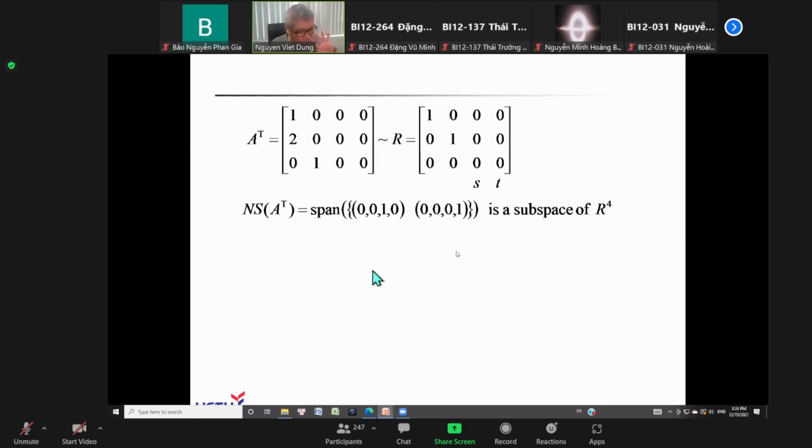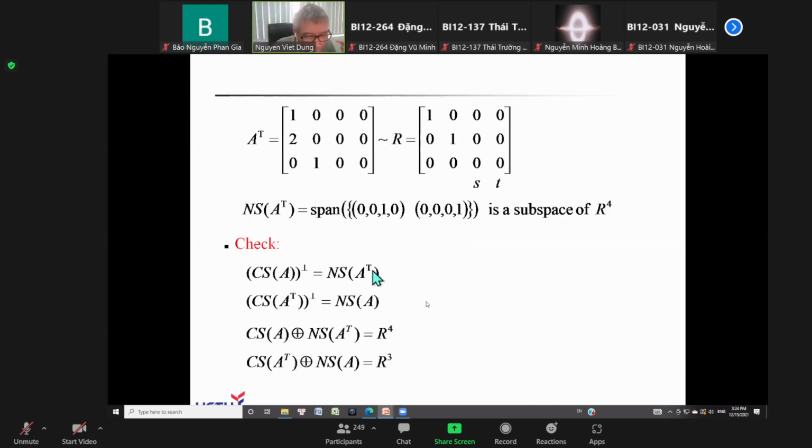So now we have the four fundamental subspaces, and you can verify things by yourself at home. You can verify that the orthogonal complement of the column space of A equals that, using the definition, and you can also verify the other relations. I leave it for you to try by yourself at home.